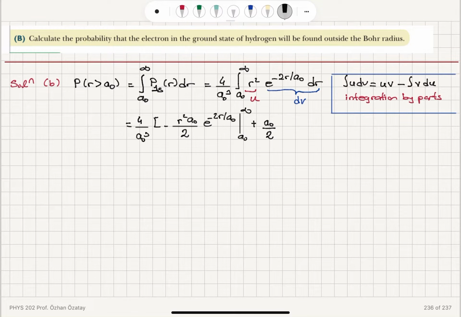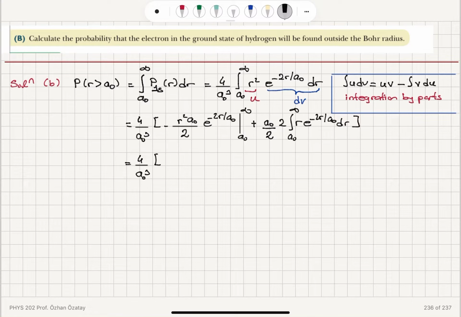Now the du part will give me, if this is u, du is 2r dr, so that will give me 2 integral a0 to infinity r e to the minus 2r over a0 dr. Okay, so this will give me 4 divided by a0 cube.